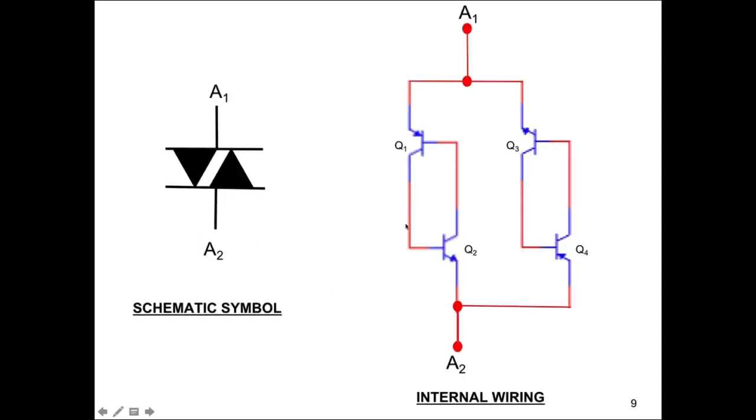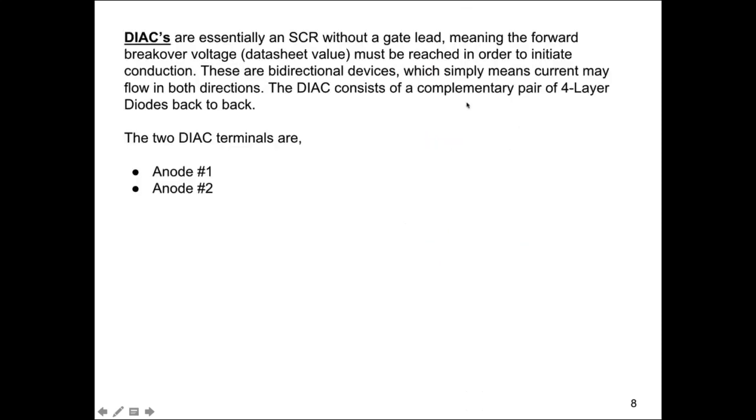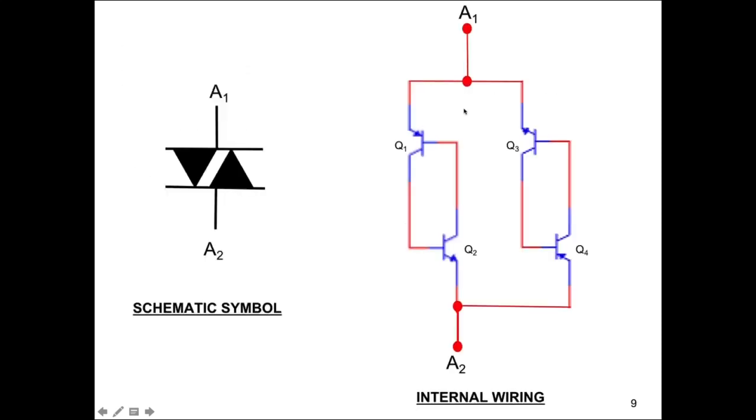Sorry. And so in order to initiate conduction, it must reach the forward breakover voltage. So if it's either going to conduct this way, if the polarity is positive to minus, or we'll change our pen color, let's go with blue, or if it's going to be minus to plus, then current's going to flow, conventional flow like that way, so it can conduct in both half cycles.